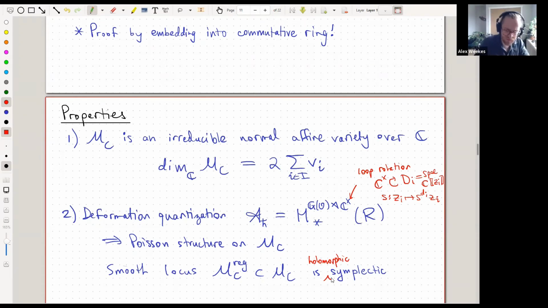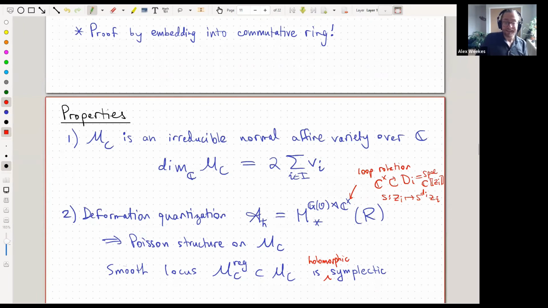There's the expectation that these varieties should be hyperkähler, maybe from a physical perspective. We don't know how to do that here, but we see some remnant of it, which is that these are algebraic varieties over complex numbers, so maybe Kähler, but they're actually more than that. They have an algebraic holomorphic symplectic form. So it's supposed to be some remnant of a hyperkähler structure.